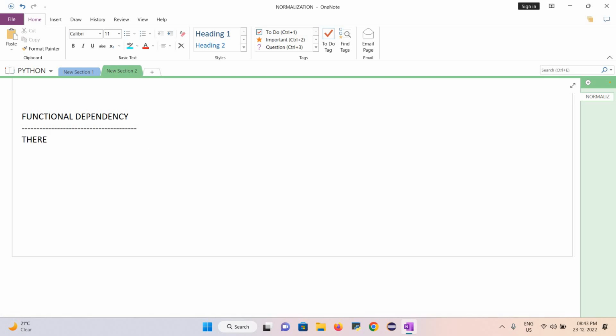There exists a dependency such that an attribute in a relation determines another attribute. This is known as functional dependency.